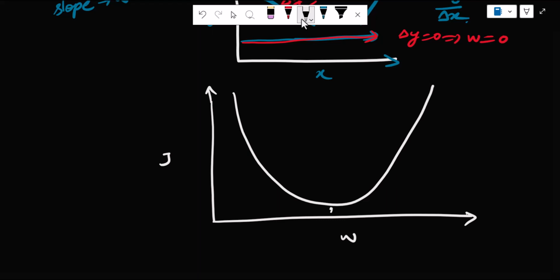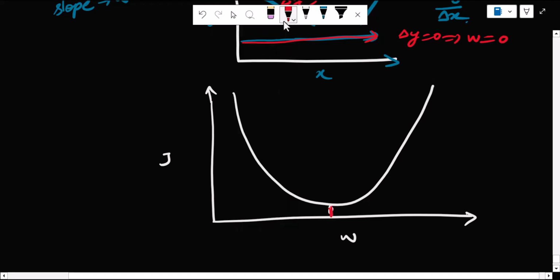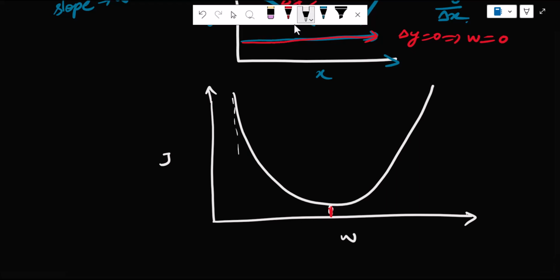And we also know that this value is the minimum, where the cost function is minimum. We started at, let's say, w equal to 0, and the cost function was 101 in that case. Now we are trying to reach the minimum value of the cost function.